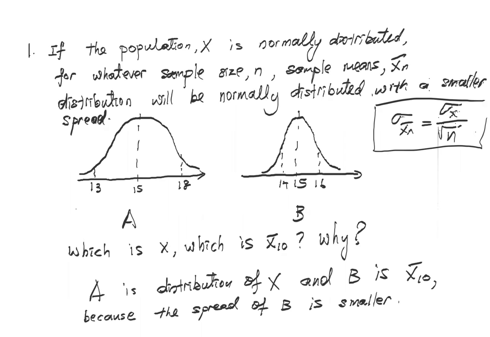I say if the population X is normally distributed, for whatever sample size n, the sample mean distribution will be normally distributed with a smaller spread. Am I right? So that is the reason you give. The spread is smaller, correct?